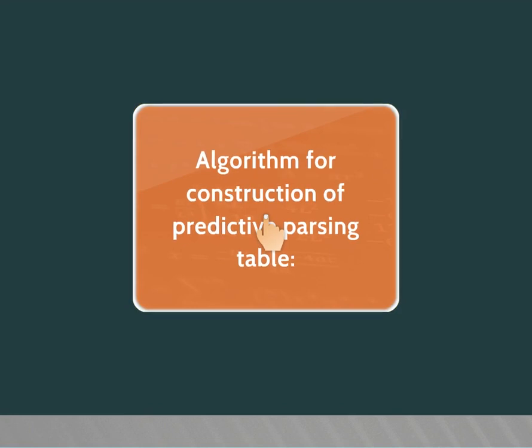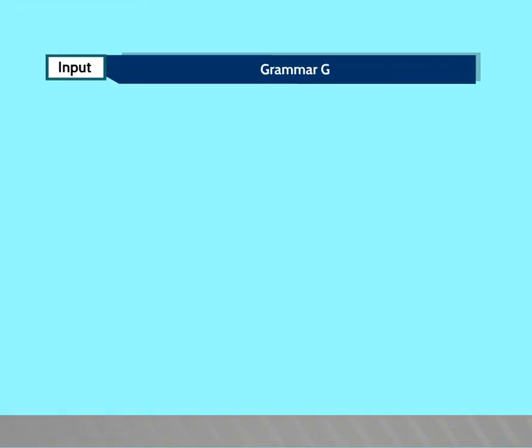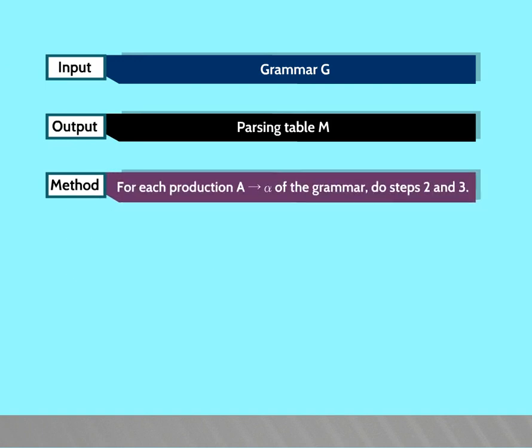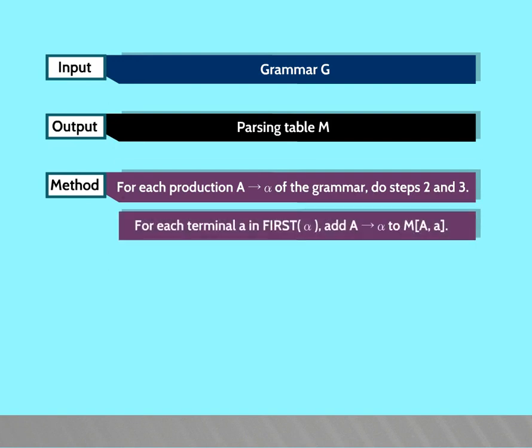Algorithm for construction of the predictive parsing table. Input: grammar G. Output: parsing table M. Method: for each production A → α of the grammar, do steps 2 and 3. For each terminal a in FIRST(α), add A → α to M[A, a].